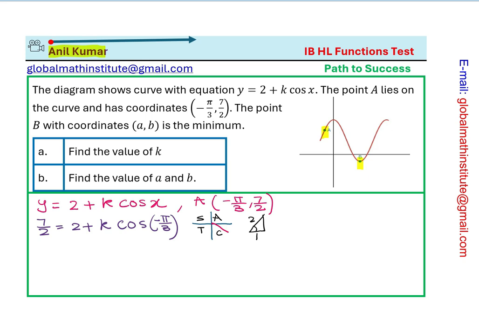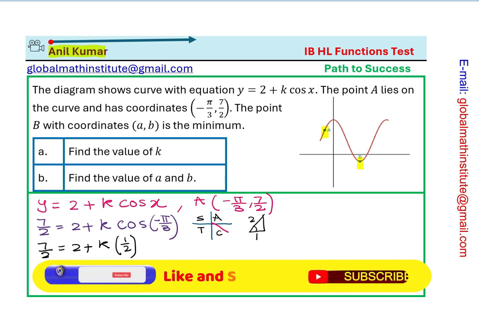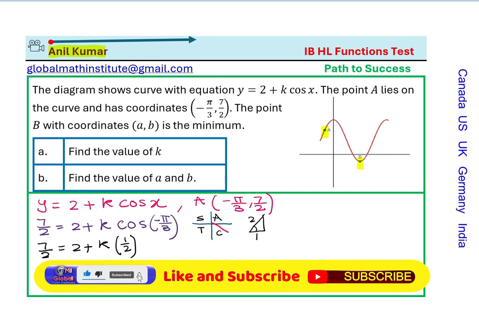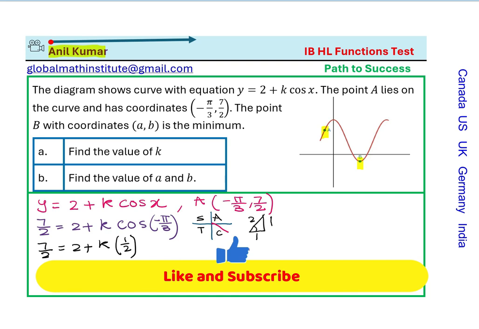So what we get here is 7 by 2 equals 2 plus k times half. Perfect. You understand this step? So we substitute the value of cos minus pi by 3. You don't really need a calculator for this. Special triangle works perfectly fine. Right? So this is your special triangle.